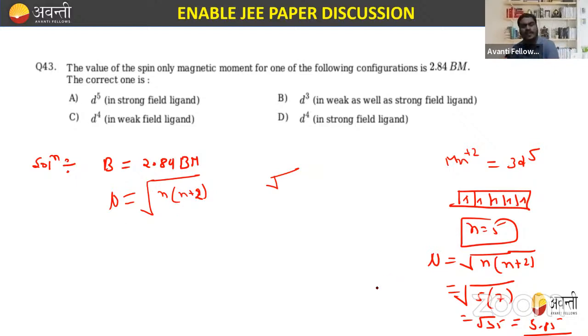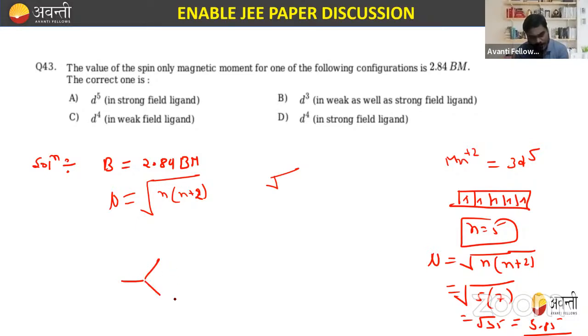Now the value of the spin only magnetic moment for one of the following configurations is 2.84. You have to identify whether it is a strong field ligand or a weak field ligand. Here it is already given that it is a d4 configuration. In CFT, two possibilities are there.